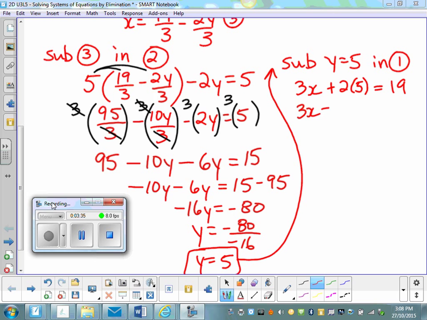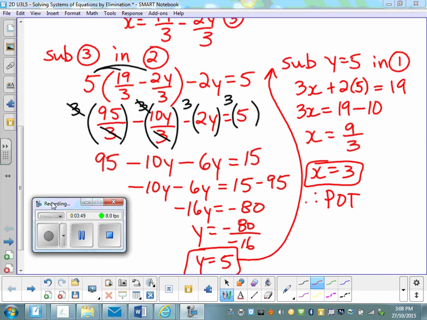So 3x equals 19 minus 10 when we take the 10 to the other side. x is going to equal 9 divided by 3, so x equals 3. So therefore, our point of intersection is (3, 5). So that's our solution for that one.